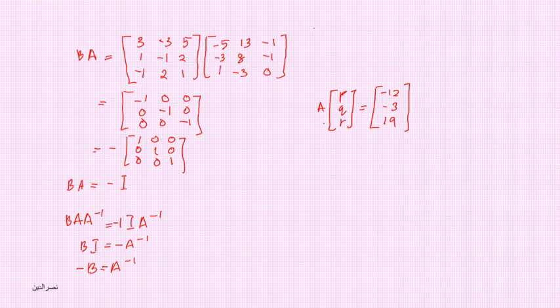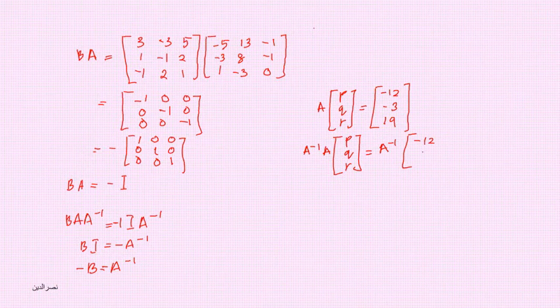In order to eliminate A on the left hand side, we have to multiply by A inverse on both sides. So P, Q, and R equal A inverse times the matrix negative 12, negative 3, and 19. A inverse times A is identity, and identity times PQR gives PQR on the left hand side.